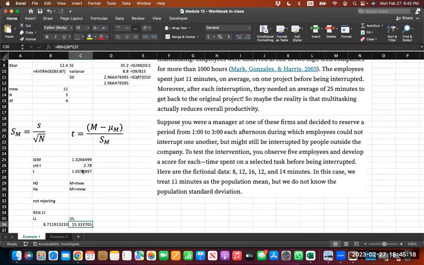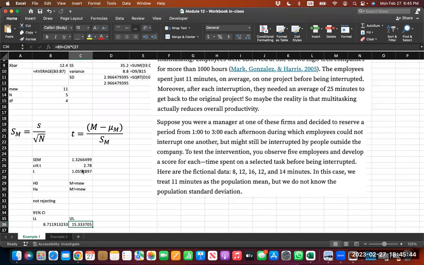As we can see already with the naked eye, just looking at the interval, we have 8.7 to 15.3. That clearly includes our X bar of 12.4. And actually, it also includes our mu, not the sample mean, the mu. It includes our population mean. That means our population mean is right within our confidence interval.